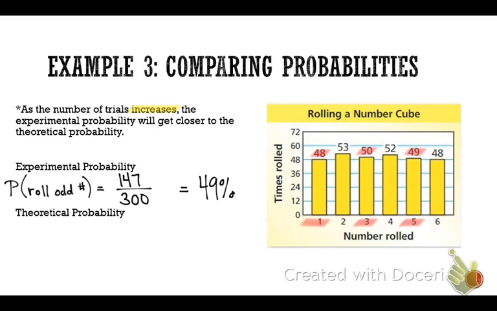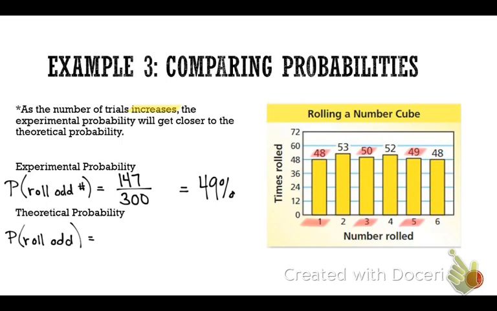Okay. I've got this experimental probability. So let's see what's supposed to happen on paper. In theory, the probability that I would roll an odd number, okay, this is assuming that no trials have taken place.